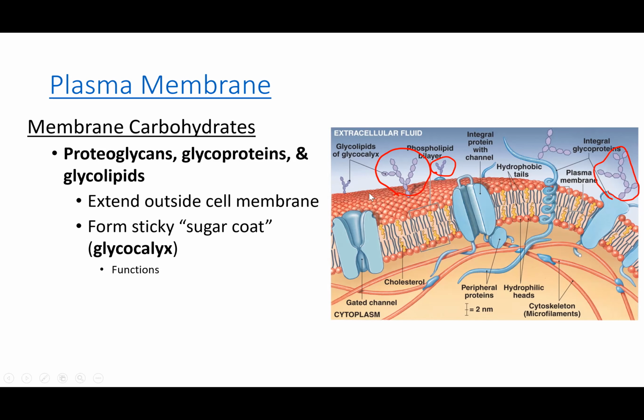So functions of the sugar coat: lubrication and protection for the cell, anchoring and locomotion. So these glycoproteins and proteoglycans and glycolipids help anchor the cell to other cells and also allow the cell to move if it's a cell that actually moves and is not fixed in the body.